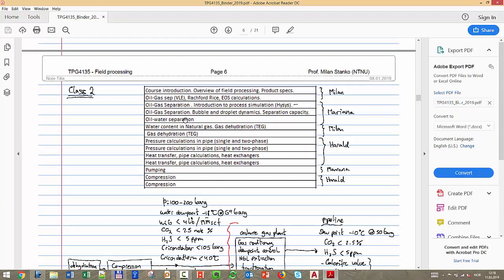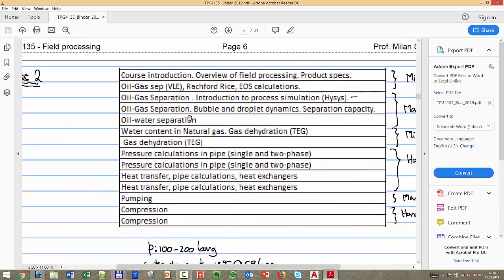According to the schedule, you should have seen a bit about separation, vertical and horizontal separation, separation for gas with some liquid, separation with liquid for liquid with gas, and also a bit about oil-water separation. So now we're on the part on water content in natural gas, and we're going to talk probably next week a bit on dehydration.